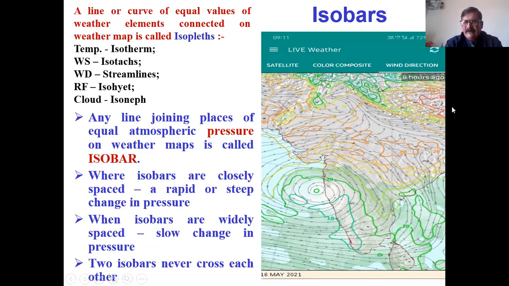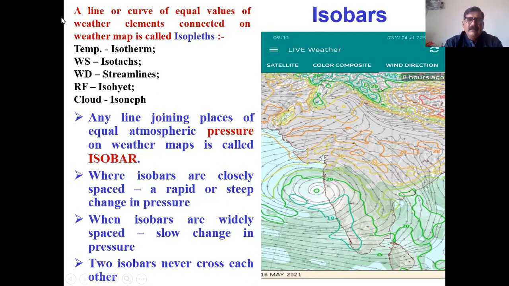You have seen different types of lines in different colors. These are nothing but the isopleths. So red lines are for the temperature: a line or curve of equal temperature on a weather map is called an isotherm. Then similar observations of wind speed connected to each other on a map are called isotachs. Then for wind direction, streamlines.